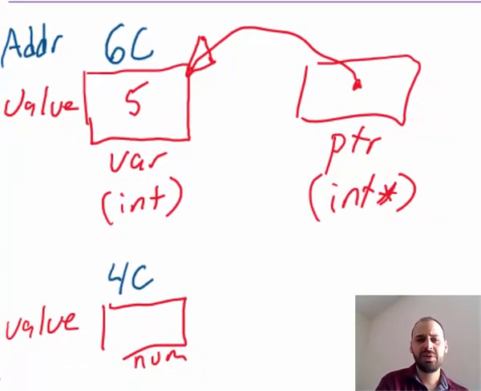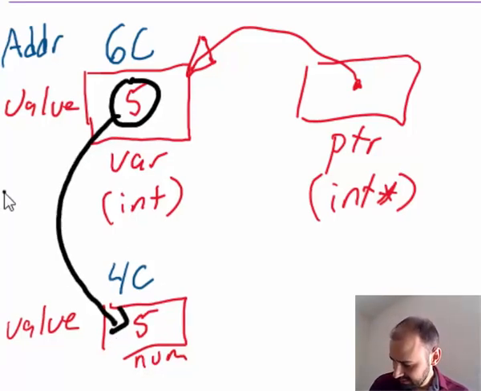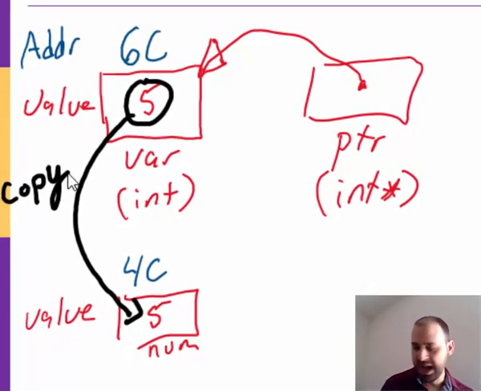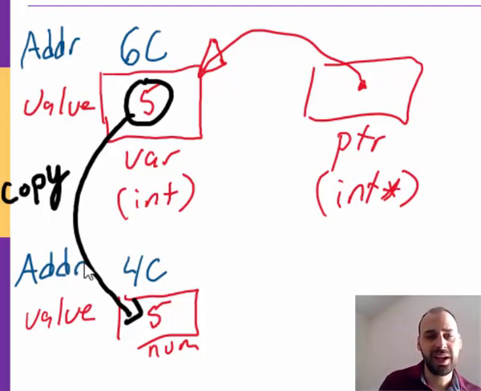Now we know that the value here is also going to be 5 because we make a copy. We are copying that value to a different memory location. That's the key idea: we are copying that value to a different memory location.